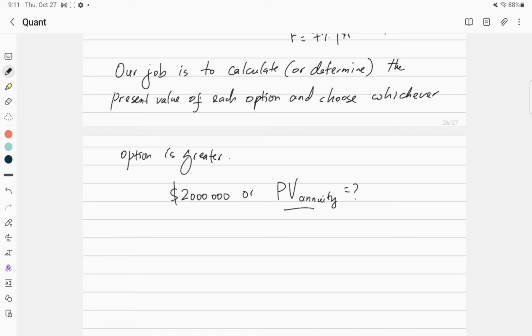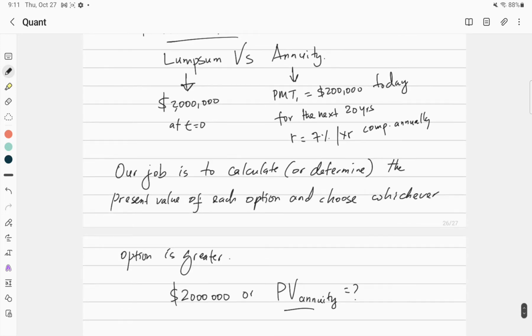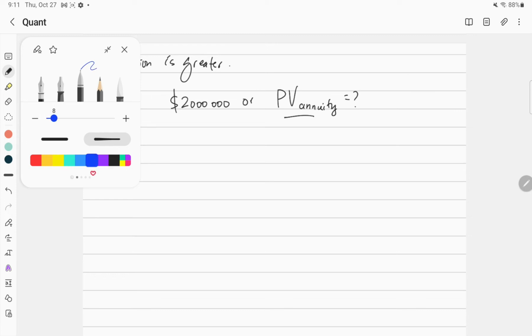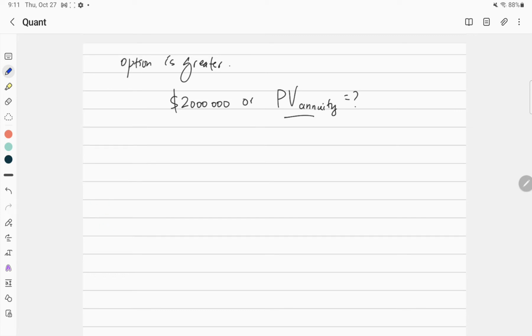All right. So before that, let's talk a little bit about this r, just to refresh our knowledge about interest rates and how we're going to use them in these kinds of calculations. This r is described as 7% per year, compounded annually.